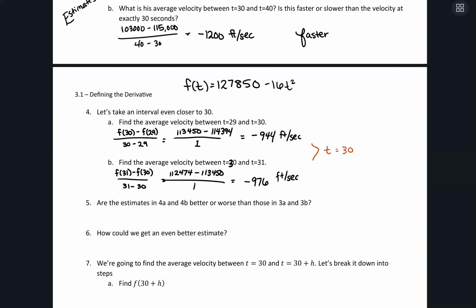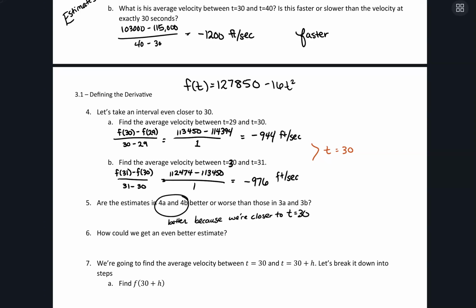So are the estimates in 4A and B better or worse than those in 3A, 3B? And not just because I used the function, but just because we were looking at shorter intervals, 4A and 4B are better because we're closer to 30. So looking closer around that t equals 30, we get a clearer picture.